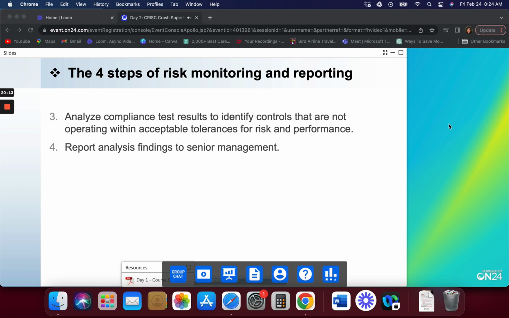We analyze compliance test results, which test whether the controls worked or not, to identify controls that are not operating within acceptable tolerances, meaning they're not achieving their control objectives. The fourth and final step of risk monitoring and reporting is where we finally report our findings to senior management.